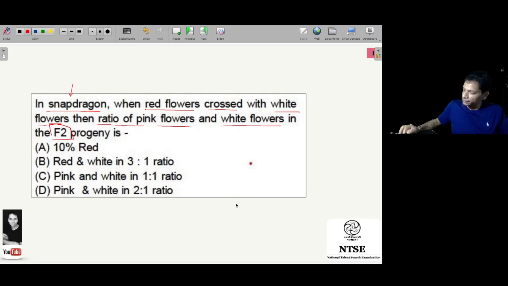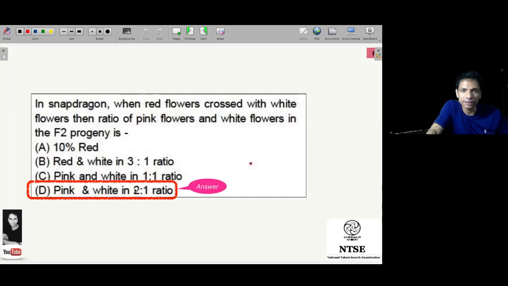The answer here is D. Now why is D the answer? Why is the answer 2:1? Let's try to understand this question.